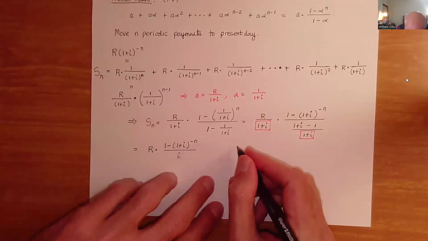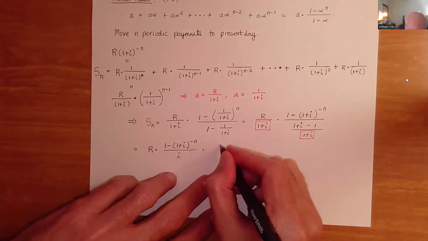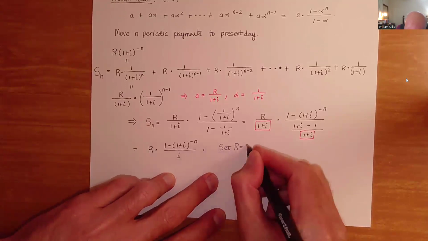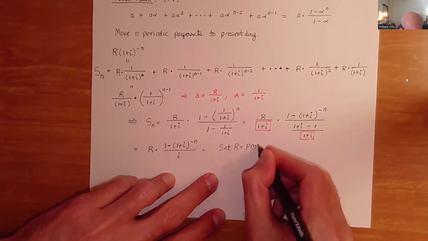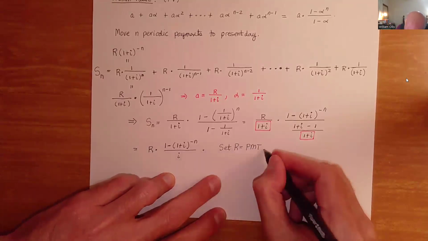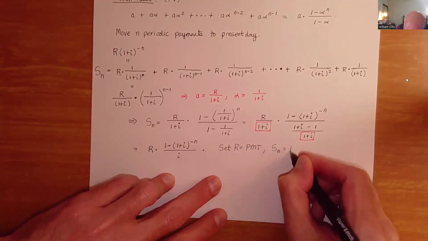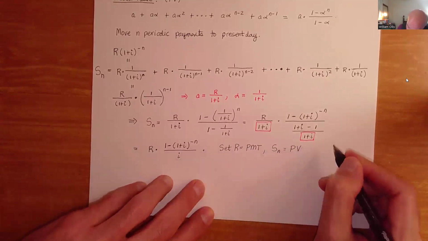So now, again, we'll do the same thing. Set R equal to payment, PMT, and S n will just be PV for present value.